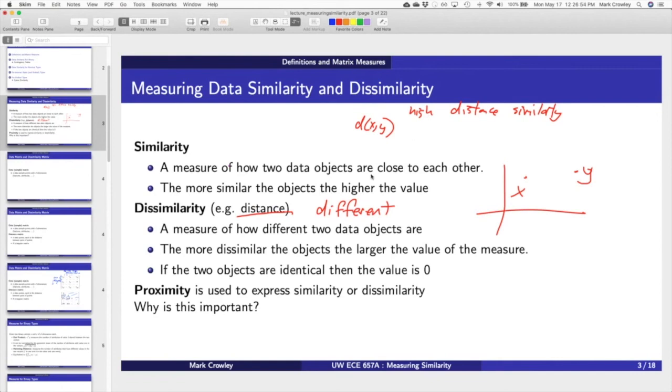If the number you get from whatever formula you're using is high, then the distance is large, and the similarity is low. English is funny. But if the number you get is low, then the distance is near or low, and the similarity is high, because they're highly similar. It's just words. That's why math's better.